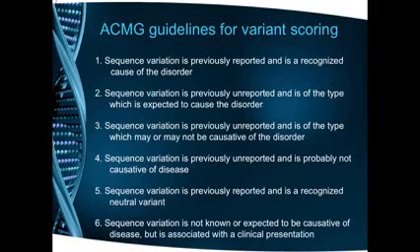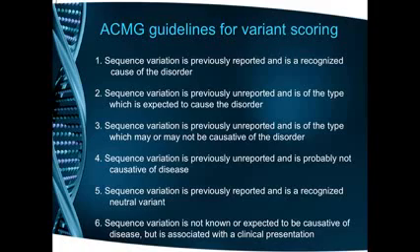The American College of Medical Genetics has come up with guidelines for variant scoring. If a sequence variant has been reported and is a recognized cause of the disorder, then that is category 1. If it's novel and of the type that would be expected to cause disease, and here we're looking at frameshift mutations and premature stop codons, both types of mutations that lead to a truncation of the protein, then that's category 2.